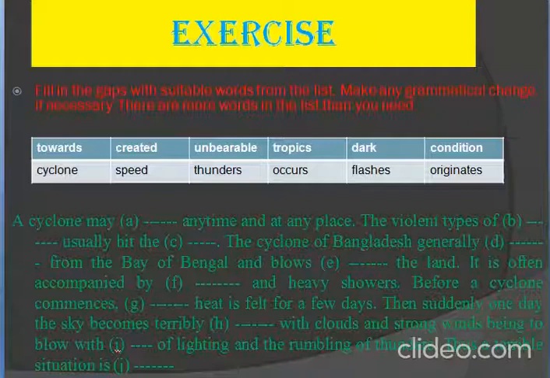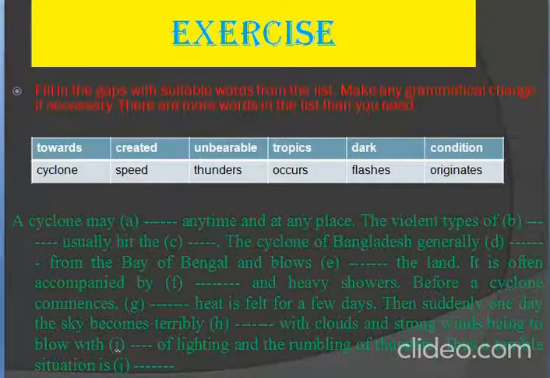The cyclone of Bangladesh generally originates from the Bay of Bengal and blows blank the land, towards the land. It is often accompanied by blank and heavy showers, accompanied by thunders and heavy showers. Before a cyclone commences, unbearable heat.